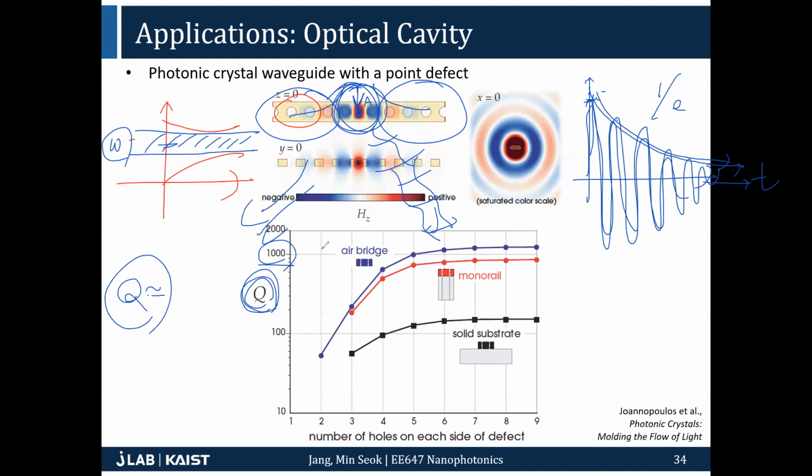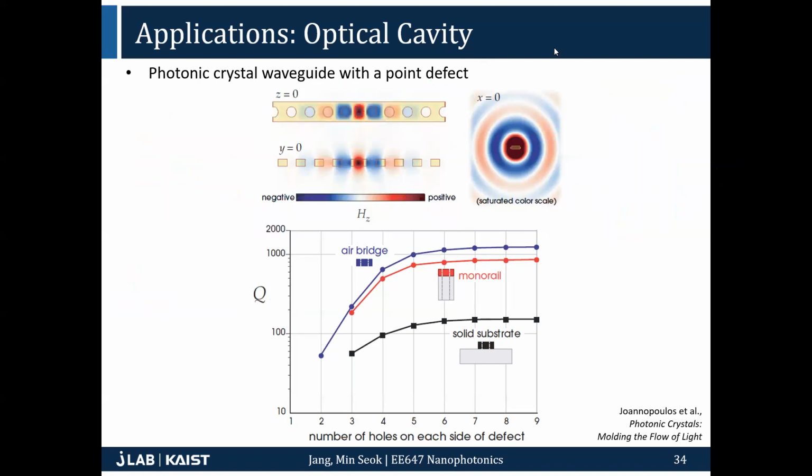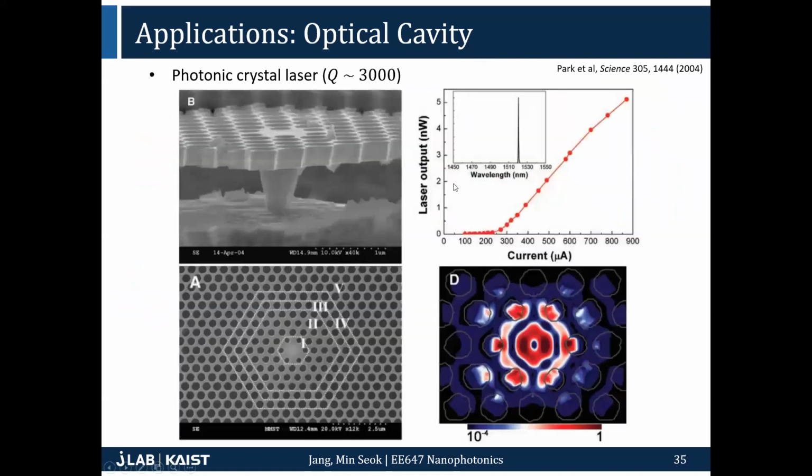Okay, so a Q factor of 1,000 or a few thousand or even a few tens of thousands can be created using a photonic crystal. And then how to use it? Well, here, this is one of the very famous works done actually at KAIST. So this work was published in Science in 2004, a long time ago, by Yong-hee Lee's group in the physics department.